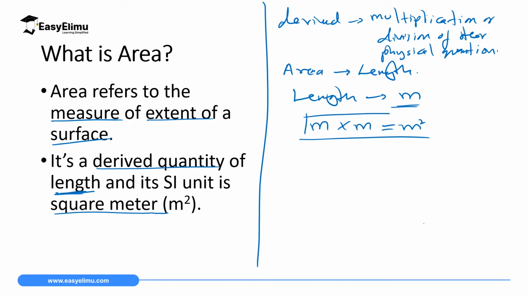So for us to get area, we are going to multiply length times length to get length squared. In symbols, length is measured in meters and written as m, multiplied by another m, which is length, to give us a square meter. So the SI unit is the square meter and area is obtained by multiplying two lengths.